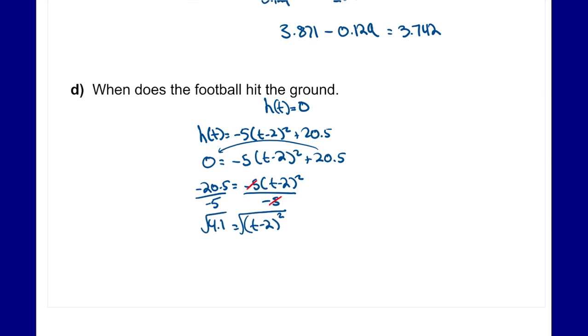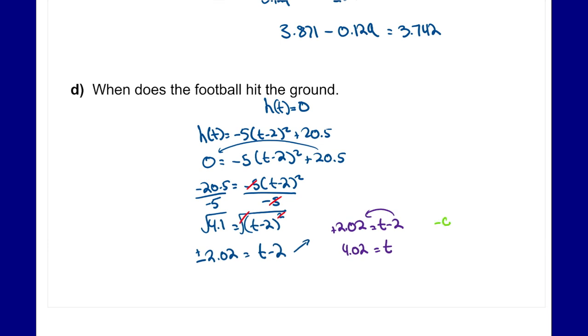Need to square root both sides. Get 2.02 = t - 2. Again, because we square root, we get two answers: a plus 2.02 and a minus 2.02. So I'm going to break this up into two parts. Plus 2.02 = t - 2. Bring that over. Becomes 4.02 = t.